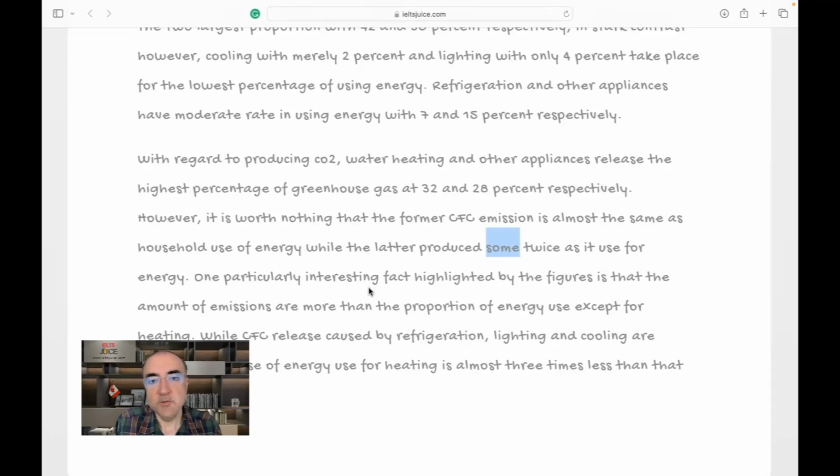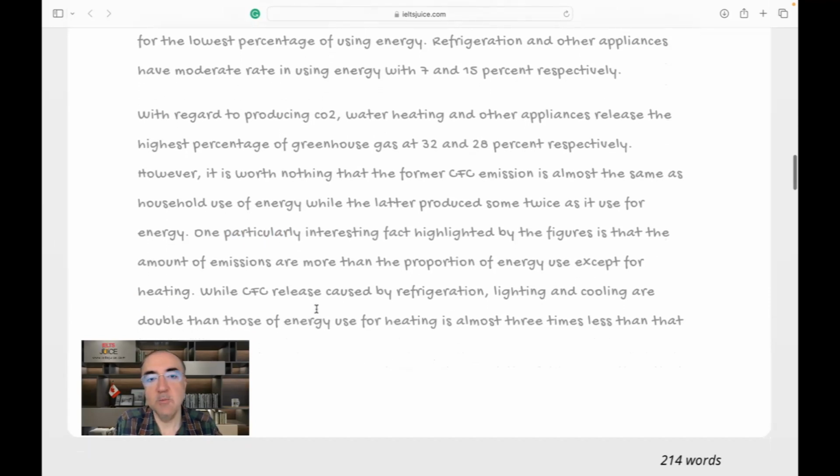One particularly interesting fact highlighted by the figures is that, that's a very long part to just move on to the other topic. But again, we're showing off our grammar. That's fine. It's a little wordy, but fine. Is that the amount of emissions are more than the amount of emissions is.